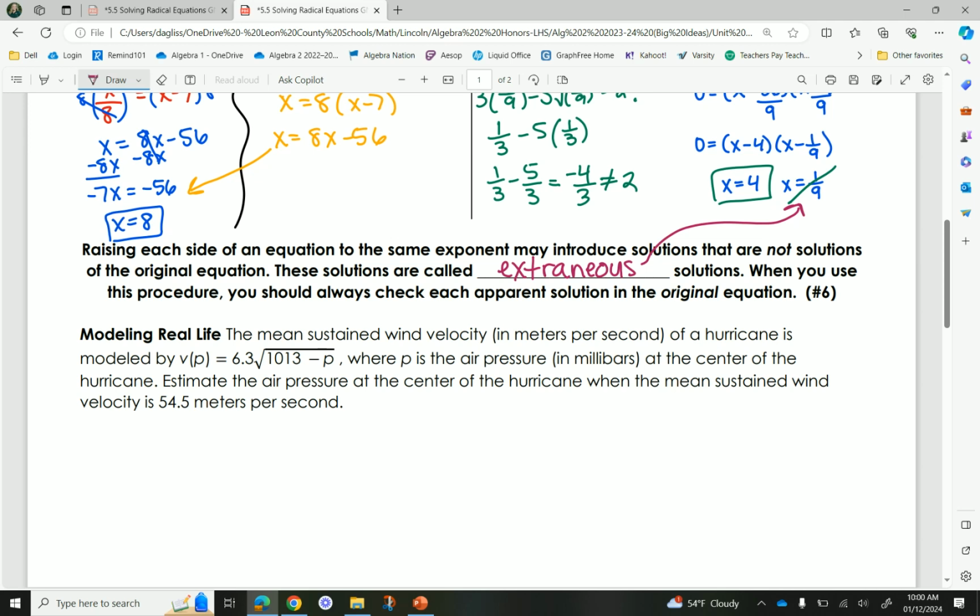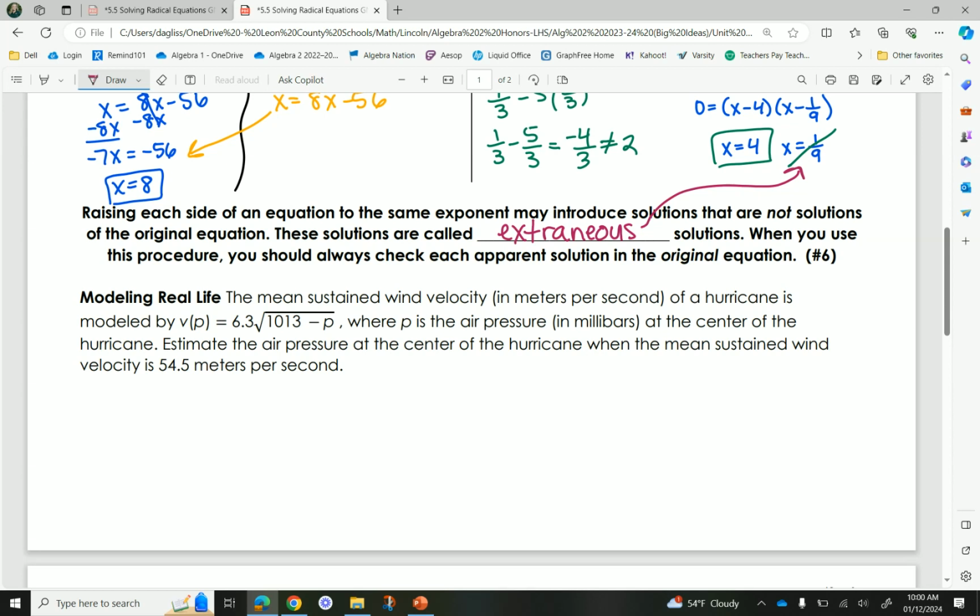So take your equation and do what with it? Make it equal to 54.5 and then solve for P. So 54.5 is equal to 6.3 times the square root of 1013 minus P. I want you to solve for P and round to your nearest whole number.